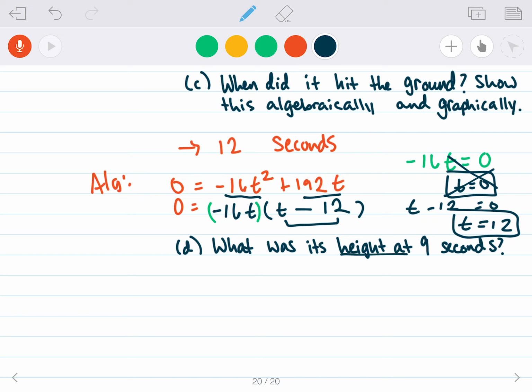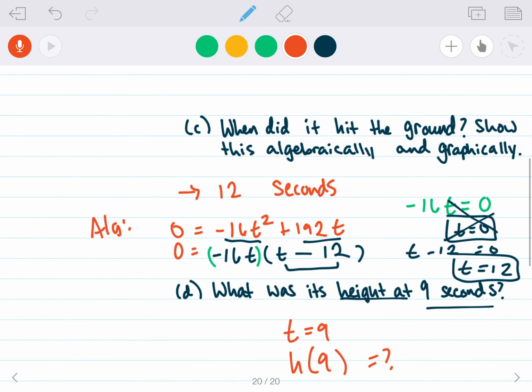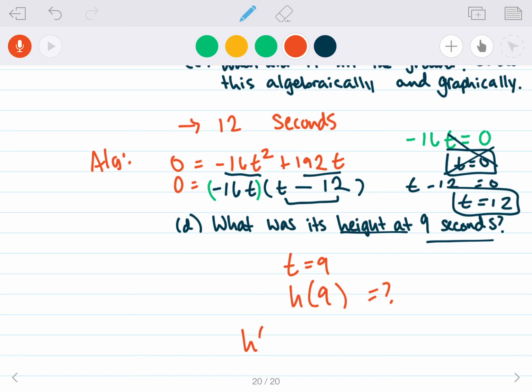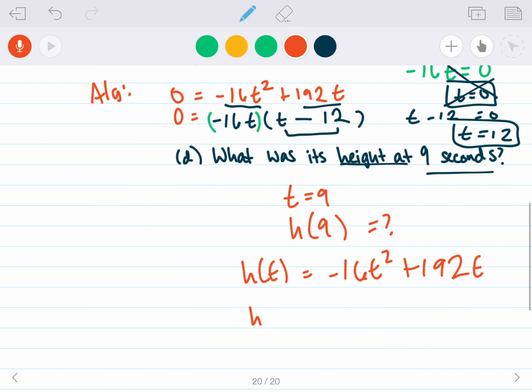What was its height at 9 seconds? So here we're being told that t equals 9, find h of 9. That's what we're trying to figure out. So when t equals 9, what's h of 9? Well, we just take our function h of t equals negative 16t squared plus 192t, and we're going to plug in 9 anywhere we see a t.